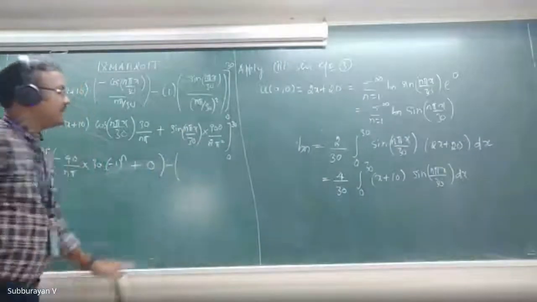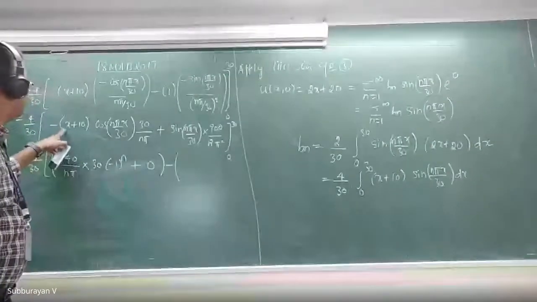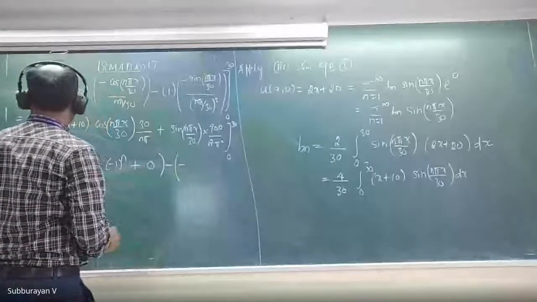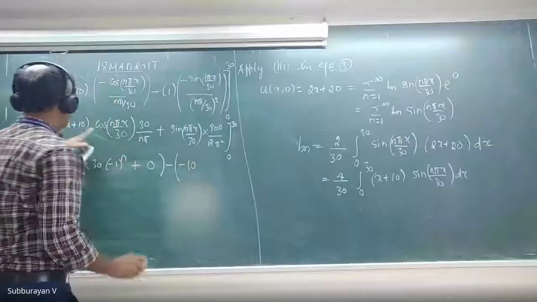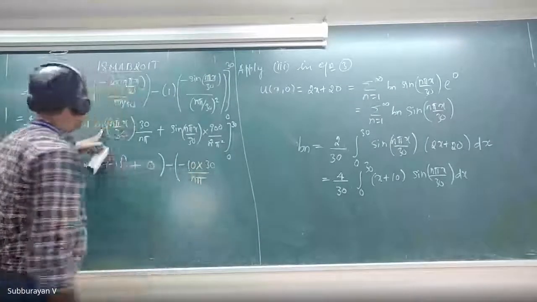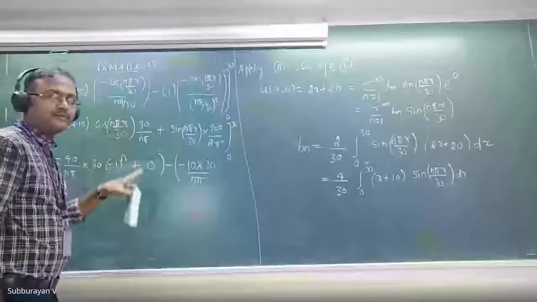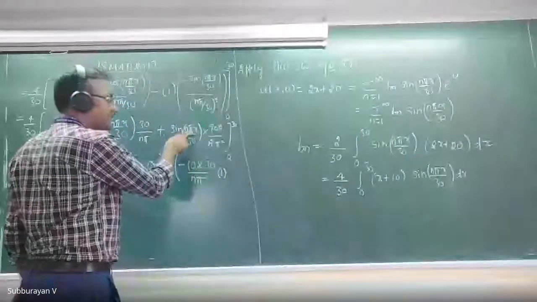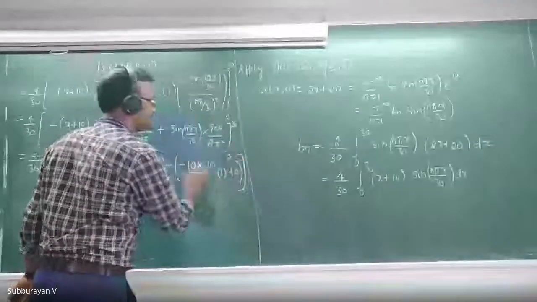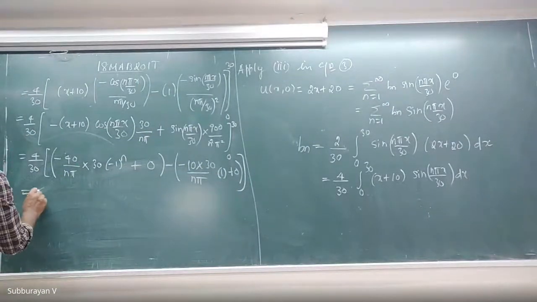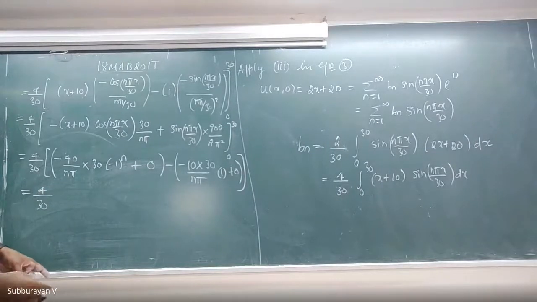Minus, when I apply the lower limit, this will become minus 10 into 30 divided by n pi into cos 0, but cos 0 is 1. If I replace x equal to 0, sin 0 is 0.